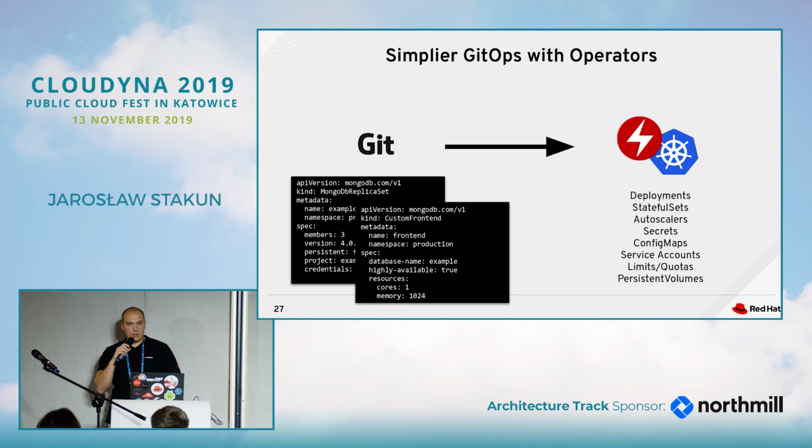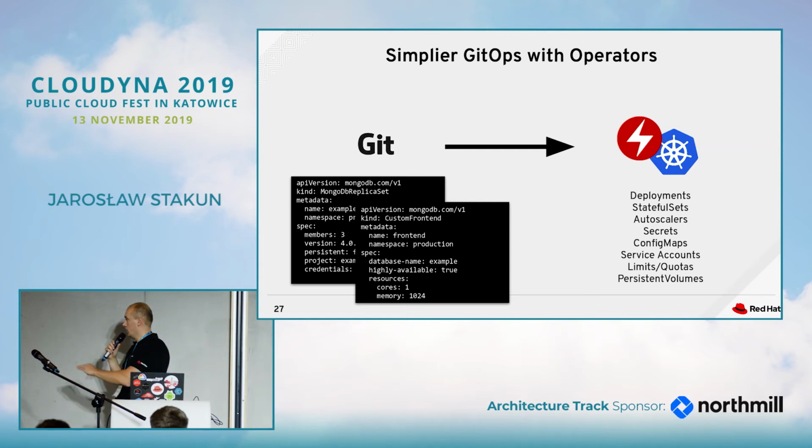So over the time, there was a concept of operators introduced in Kubernetes. So operators are kind of, let's say, advanced installers for Kubernetes applications. So they can basically hold and store all the configuration files, all the YAML files that are needed to deploy your application.